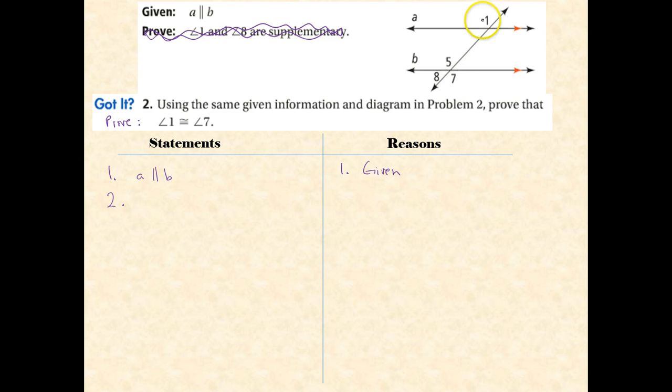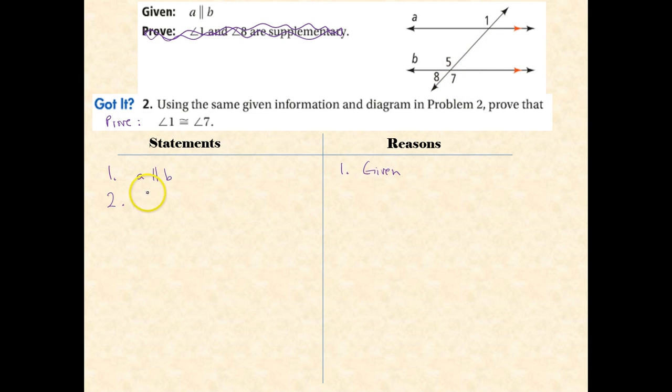But 5 and 7 are vertical angles, and 1 and 5 are corresponding angles. So that might be an easier way to prove it, because 1 is congruent to 5 because they're corresponding angles, 5 is congruent to 7 because they're vertical angles, and then using the transitive property of congruence, we could say that since 1 is congruent to 5 and 5 is congruent to 7, then 1 must be congruent to 7. I think that way sounds a little easier.